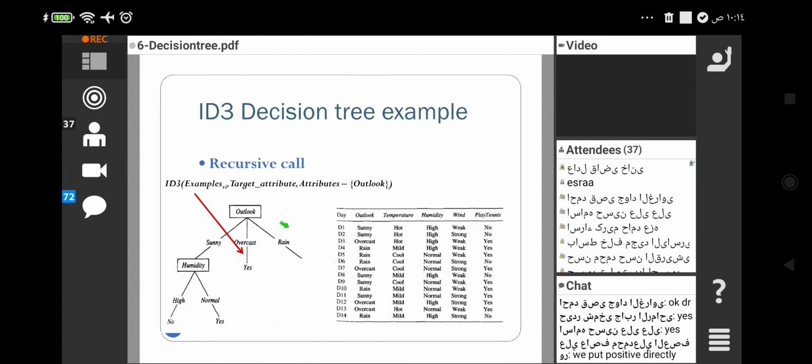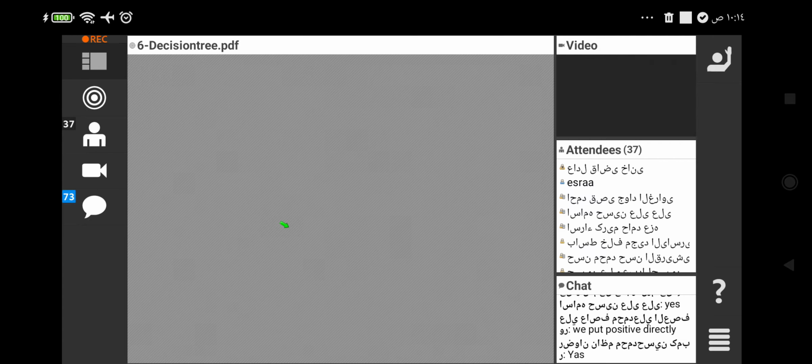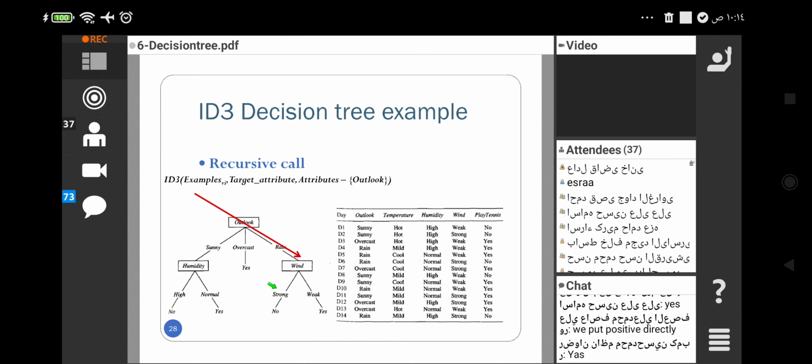Again, at this point, we have three features: temperature, humidity, and wind. So we calculate the information gain of these three features, and we select the best feature. The best feature is wind in this situation.